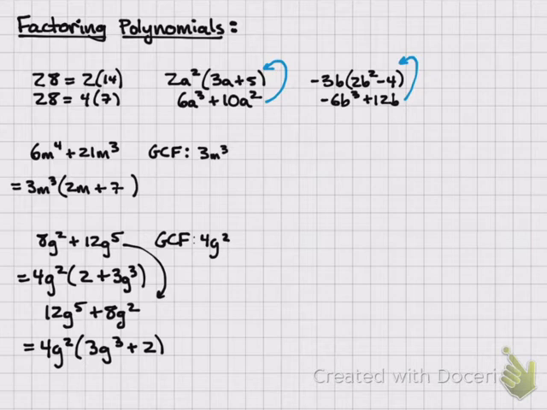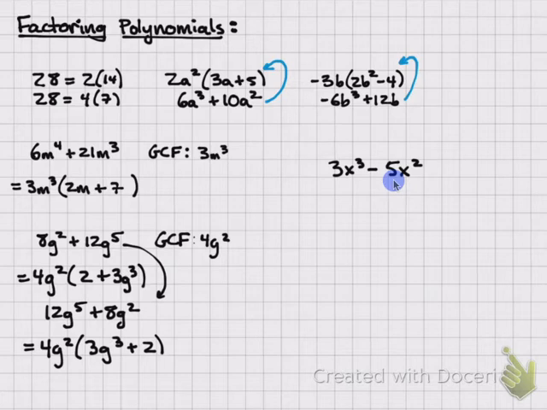What about another example? So how about 3x to the third minus 5x squared? All right, this one is already in standard form, so we're ready to go ahead and try to factor. Well, I'm looking at the coefficients 3 and 5, and their greatest common factor is 1. They don't have any factors in common.